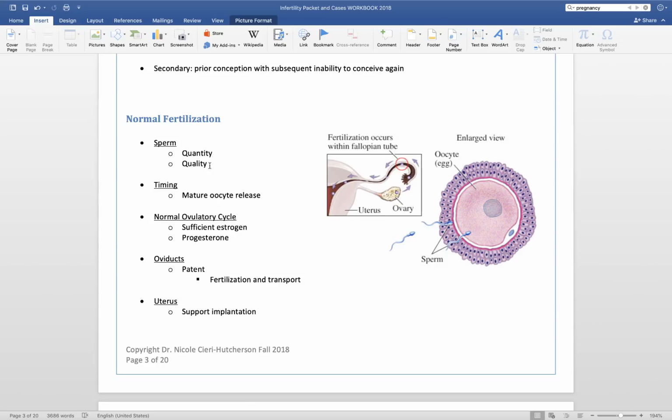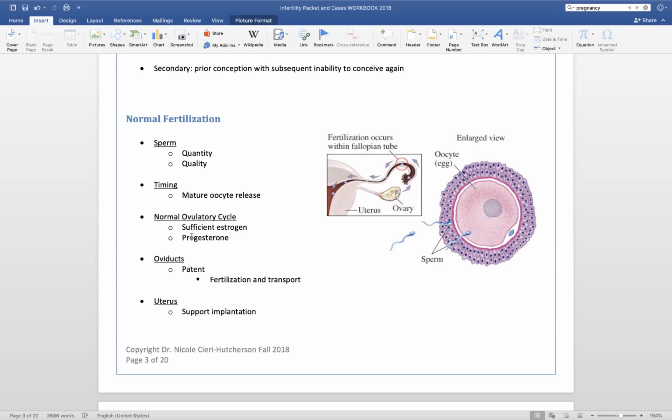So timing is important. The mature oocyte won't be released if estrogen doesn't reach its appropriate peak, or if LH is not released due to some other reason. So timing is important in order to have the egg be released, as well as have it be around for when sperm can come in contact with it.